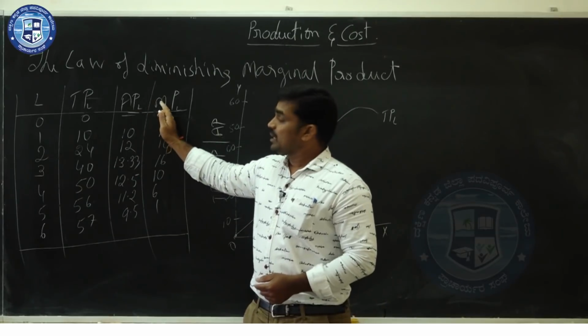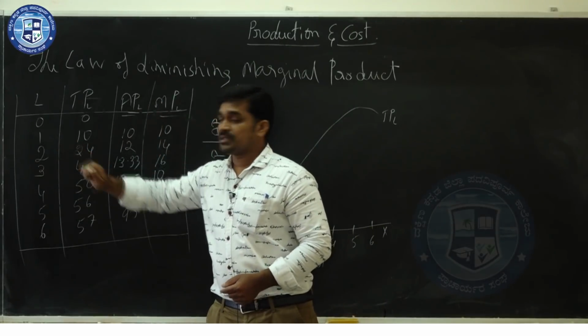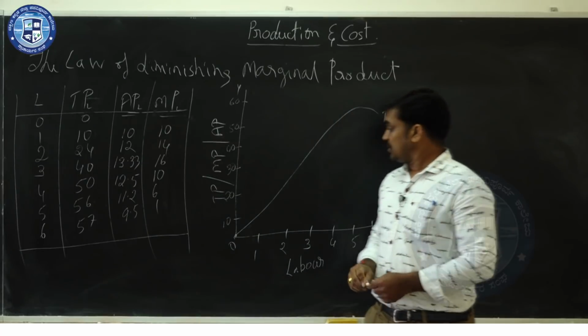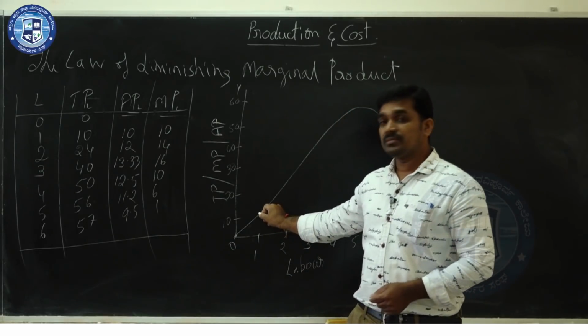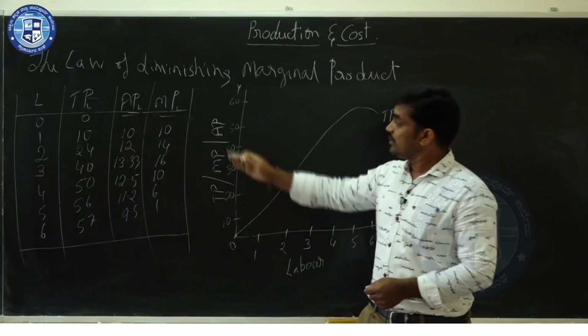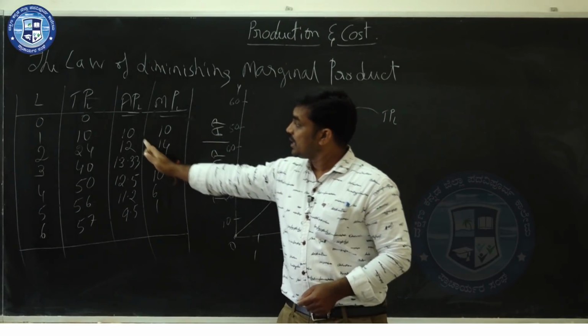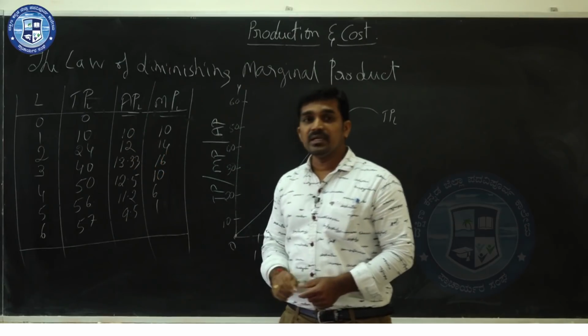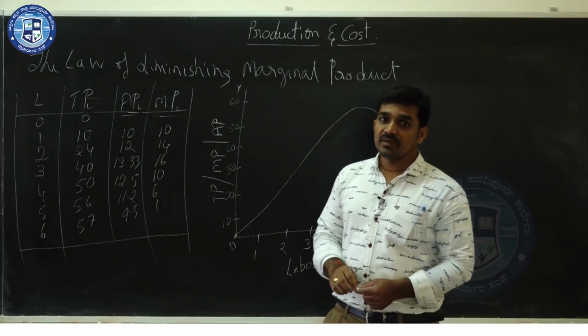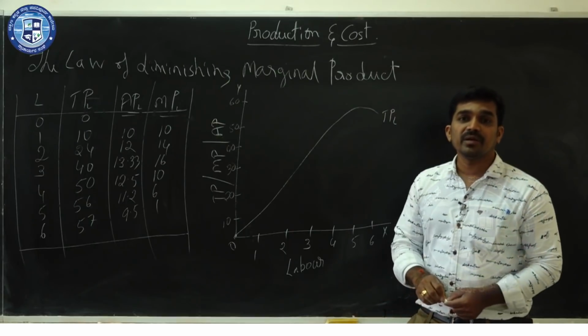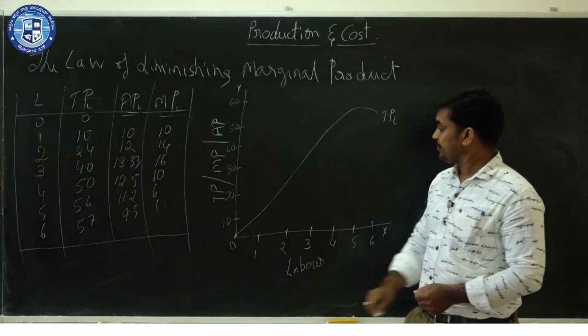Average product and marginal product start from the first unit of labor. Initially marginal product continuously increases, and average product also increases. So now we draw the marginal product curve and average product curve.